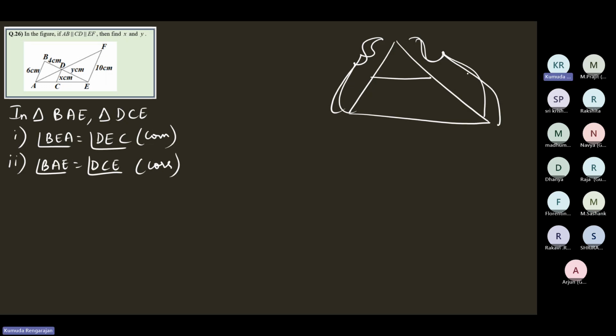Similarity connects all three sides of the triangles. When we use BPT, the ratio you get will be this one upon this one is equal to this one upon this one. So the line segments in the proportion will be only from these two sides.